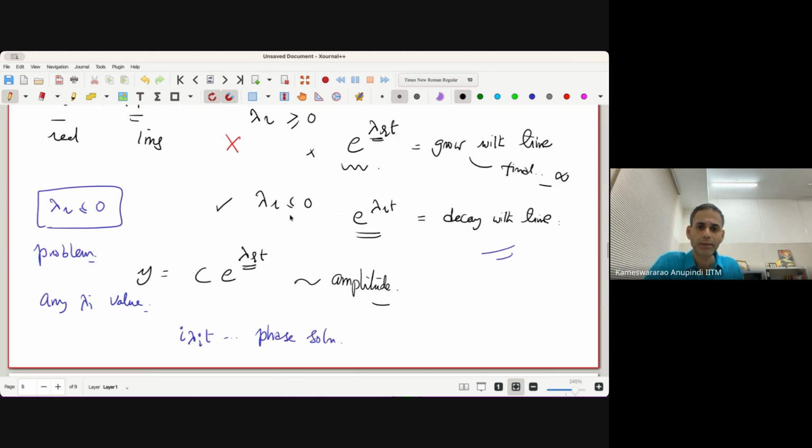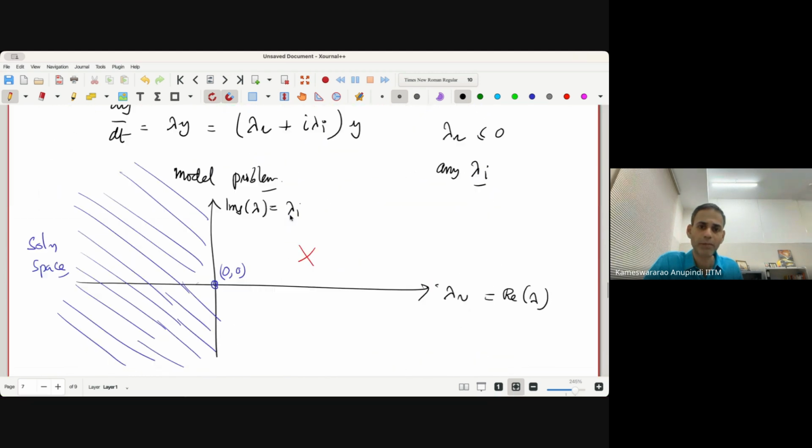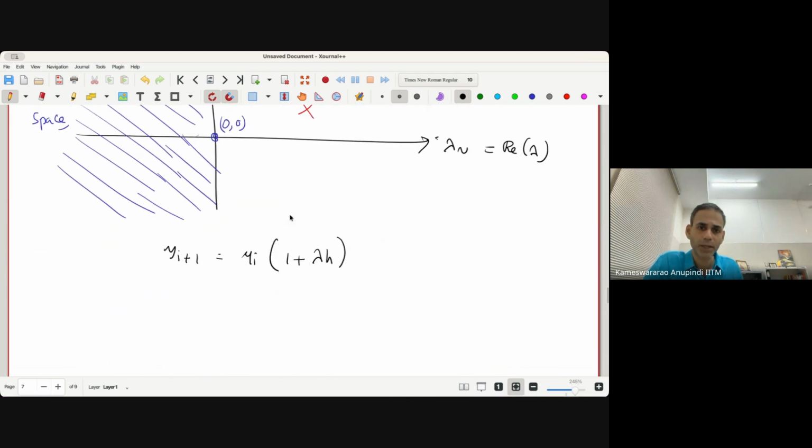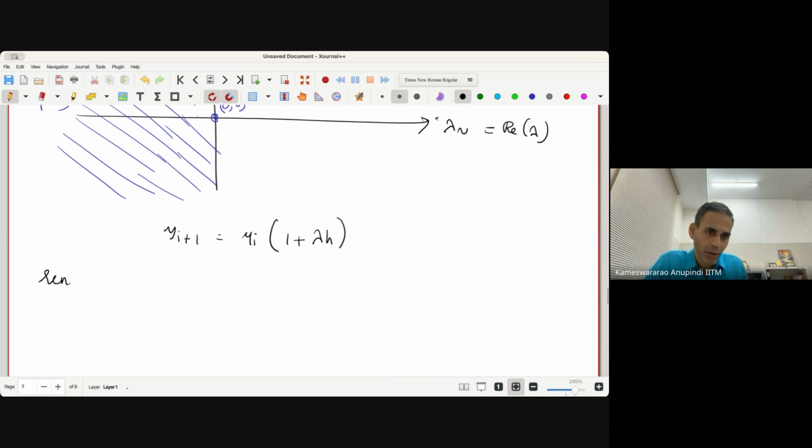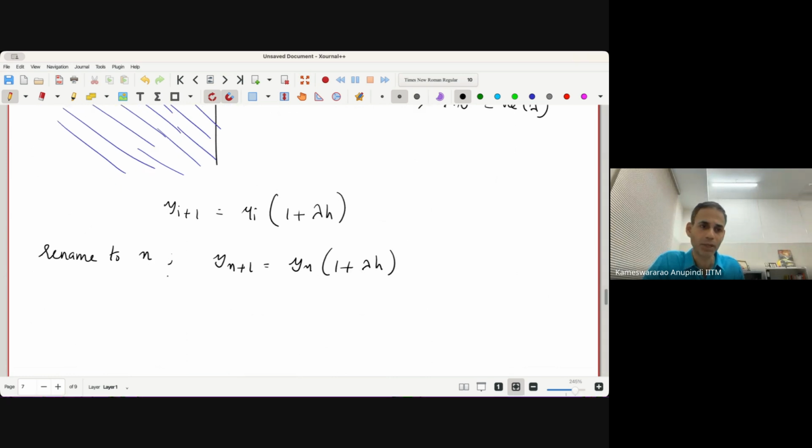Now that we are using i for the imaginary number as well, let us rename to n instead of i plus 1. So y_{n+1} equals y_n times (1 plus lambda h), because i is reserved for the complex number, which is equal to the square root of -1.